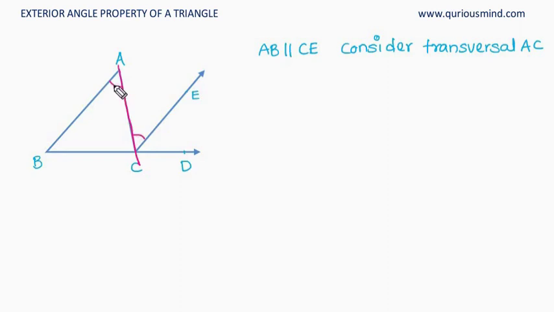And we know that in case of parallel lines and a transversal, alternate interior angles are equal. Therefore, angle ACE is equal to angle BAC. So we get our first observation.